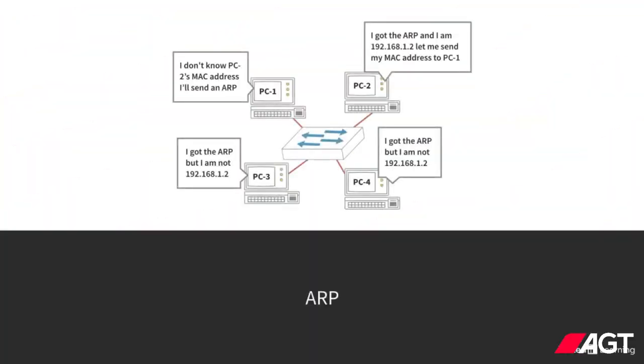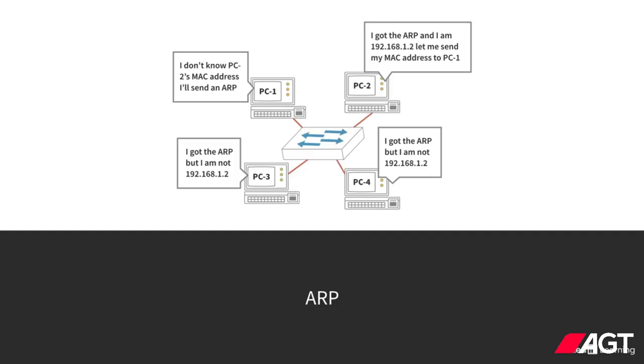ARP obtains MAC addresses by using a network broadcast request that asks for the MAC address of a device configured with a specific IP. When the host answers the ARP request, both the responder and the original ARP requester record each other's IP address and MAC address mapping as a new entry in their ARP table, which is also called the ARP cache, for future reference.